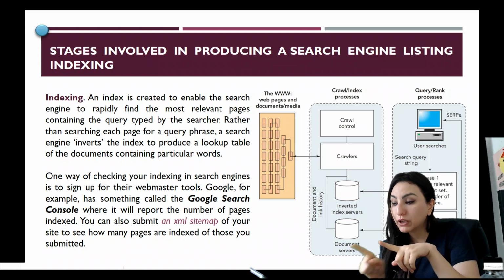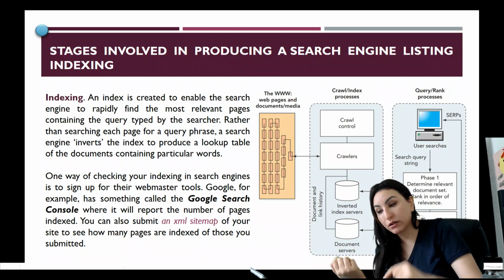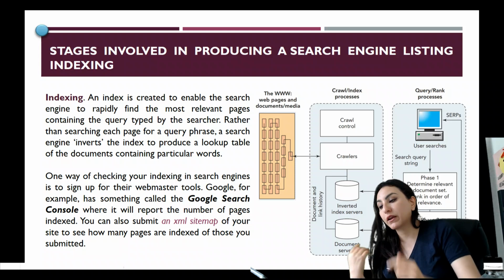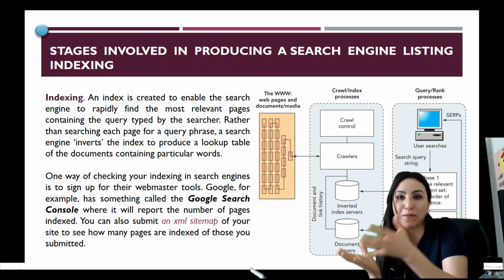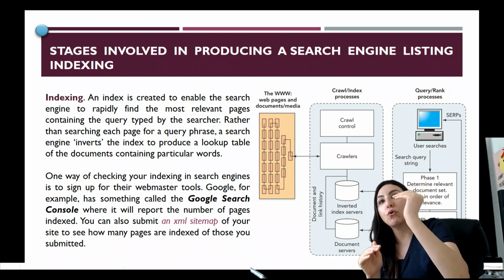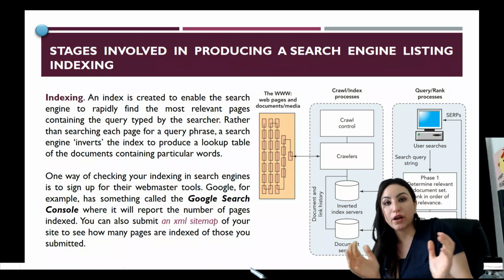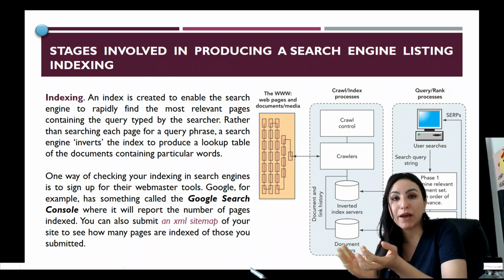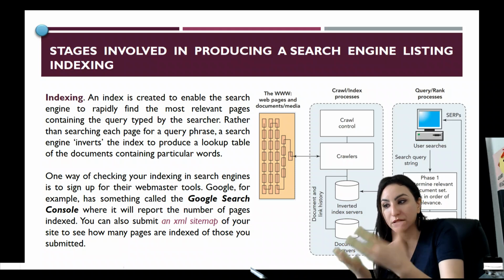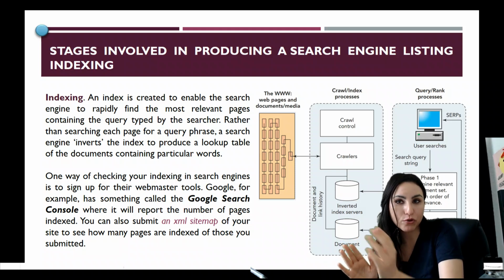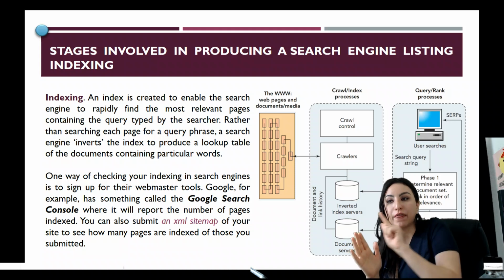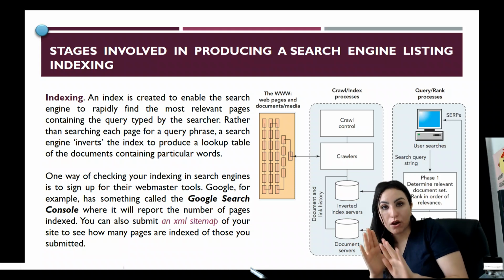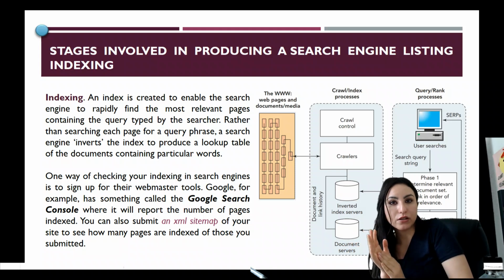I'm going to talk a little bit about XML and the XML sitemap in other videos. A sitemap is a map for the site. It is a list of all the pages on your site. Some websites have a sitemap for you as a visitor, which is usually a page on the site with all the links to the pages in a certain order.